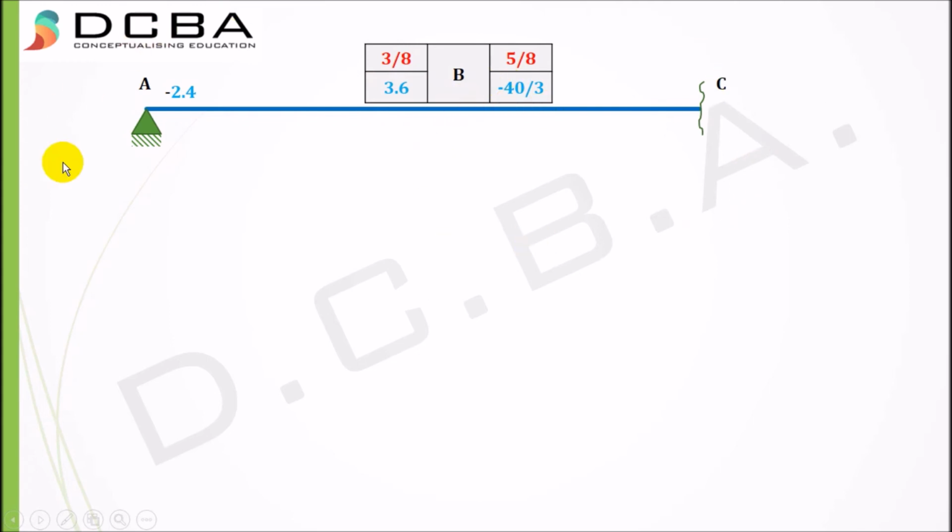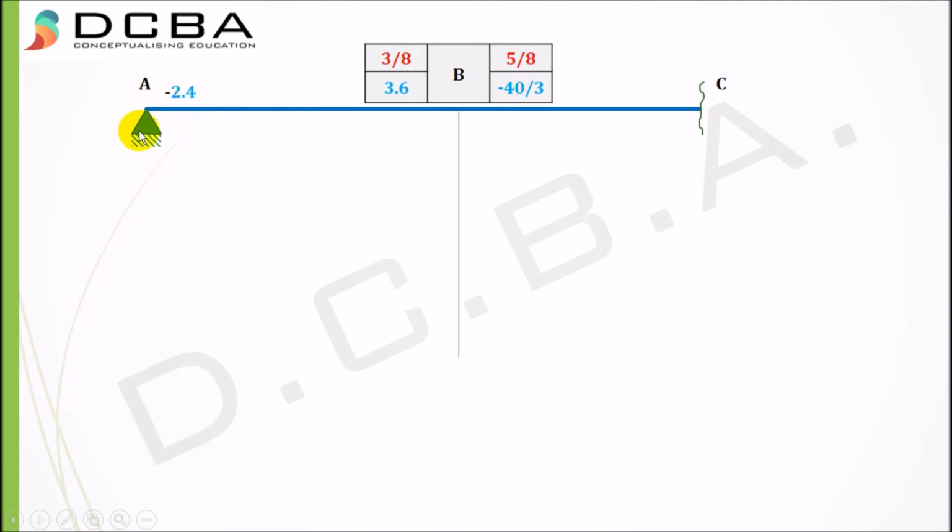We only need half of the structure for our moment distribution, because we have considered only the left part of the structure, and these are the distribution factors. That is, for BA it was 3 by 8, and for BC it was 5 by 8. So now let's start with our moment distribution iterations.